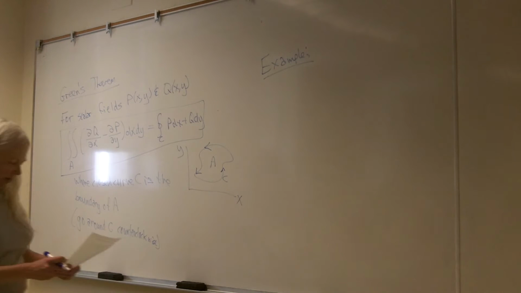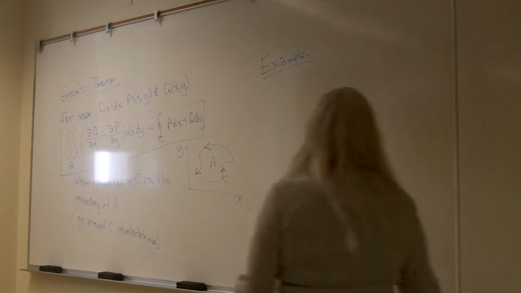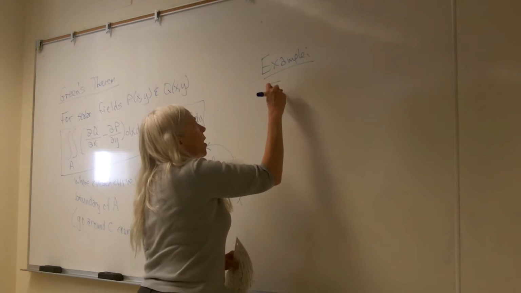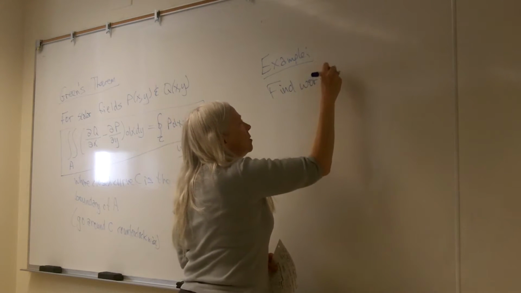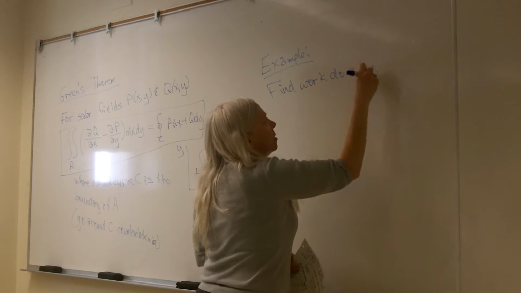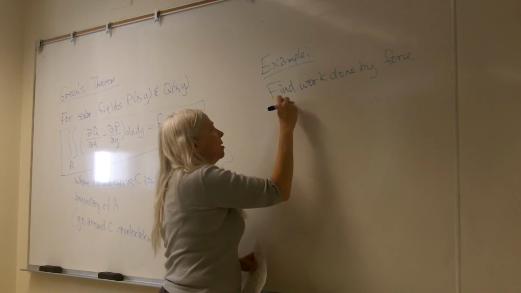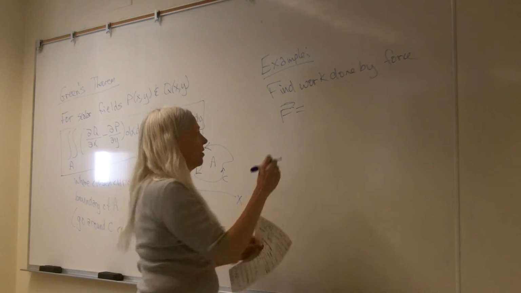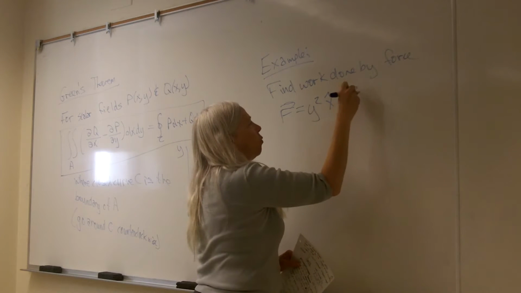Okay, so our example that we were kind of in the middle of is we said we wanted to find the work done by the force F, which is given by y squared x hat plus x squared y hat.